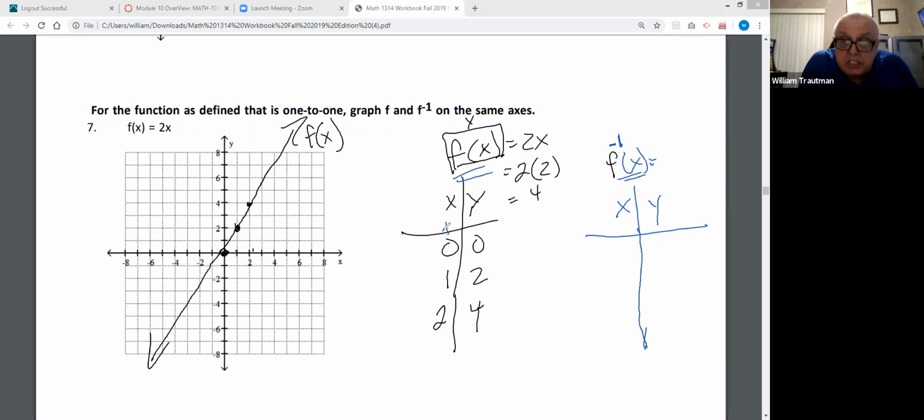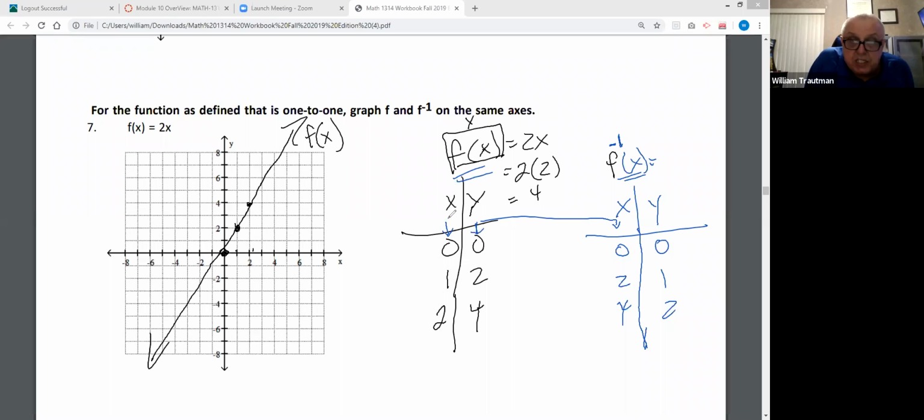But remember, if I have a function and its inverse, the x's are now the y's: 0, 1, and 2. The y's over here are now the x's: 0, 2, 4. So remember, with a function and its inverse, the x's become the y's in the inverse function, and the y's in the regular function become the x's in the inverse function.